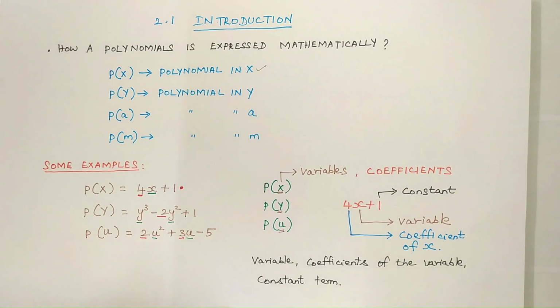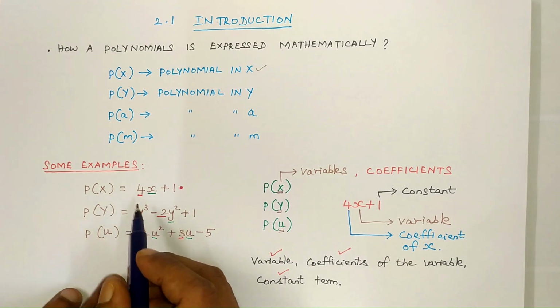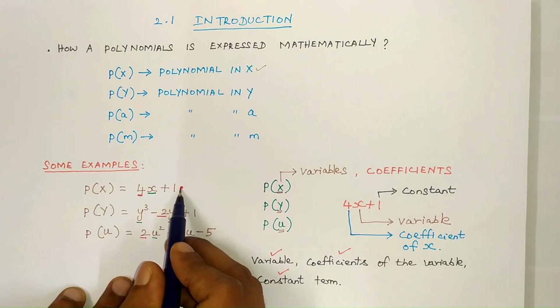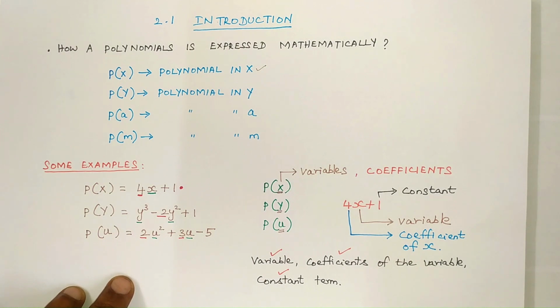So a polynomial is composed of three things: one is the variable, another is the coefficient, and the constant term. These three things compose a polynomial. First we have to understand this. A polynomial is composed of variables, coefficients and constants. Okay, so in 4x plus 1, x is the variable, 4 is the coefficient of x, plus 1 is the constant term.